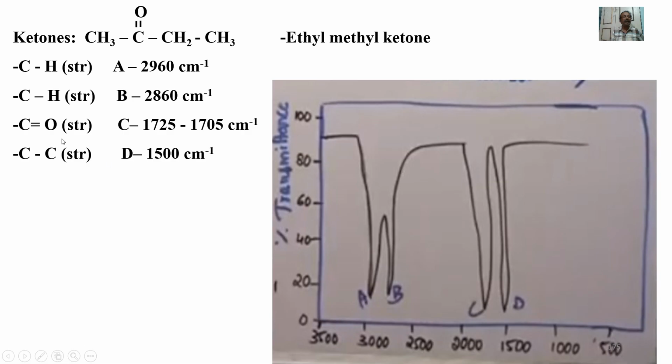And of course CH stretching in CH2 lies at point B at 2860 per centimeter. And CO double bond structures lie at C, between 1725 and 1705 per centimeter. This is referred to as C here. And the last one is CC single bond structures, which lies at 1500 per centimeter.